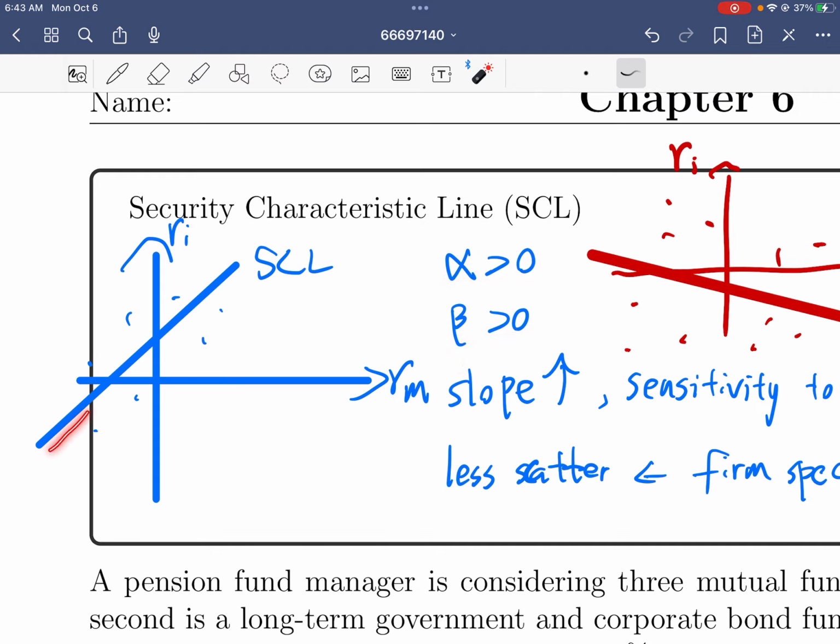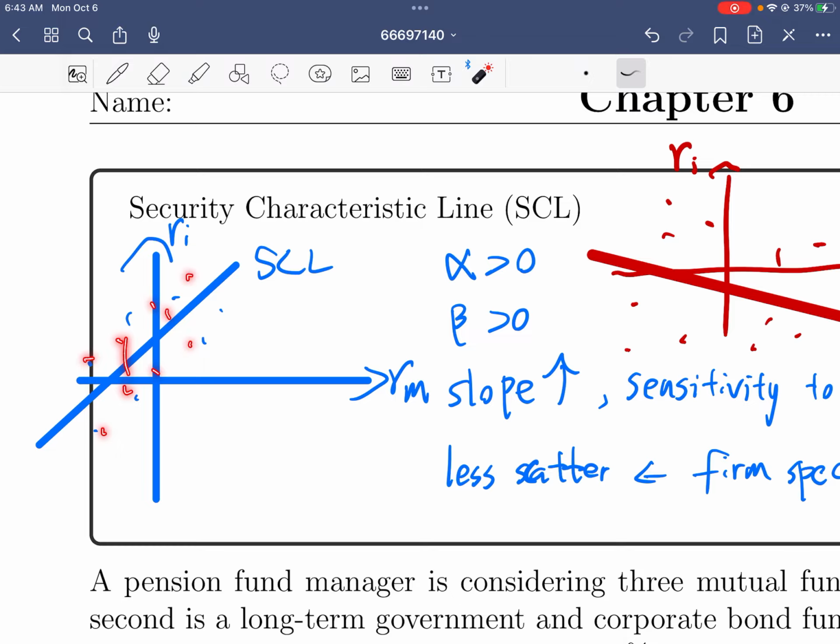And beta larger than 0 means the sensitivity of this individual stock is positively correlated to the market. If the slope goes up, the sensitivity to the market goes up. If the plot is more flat, the sensitivity to the market is smaller.